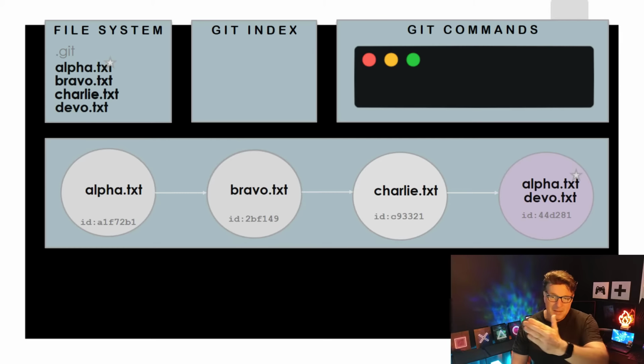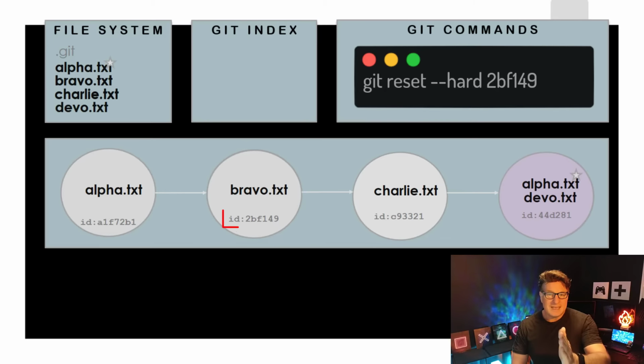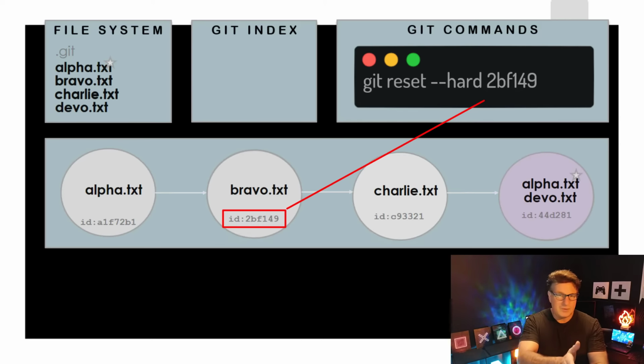So for example, maybe Charlie and alpha.txt change and the devo.txt aren't working for us, and we want to go back in time. Well, we could say git reset --hard, because it's never easy, and give the commit ID of bravo.txt. And if we issue that command, a couple of things happen.